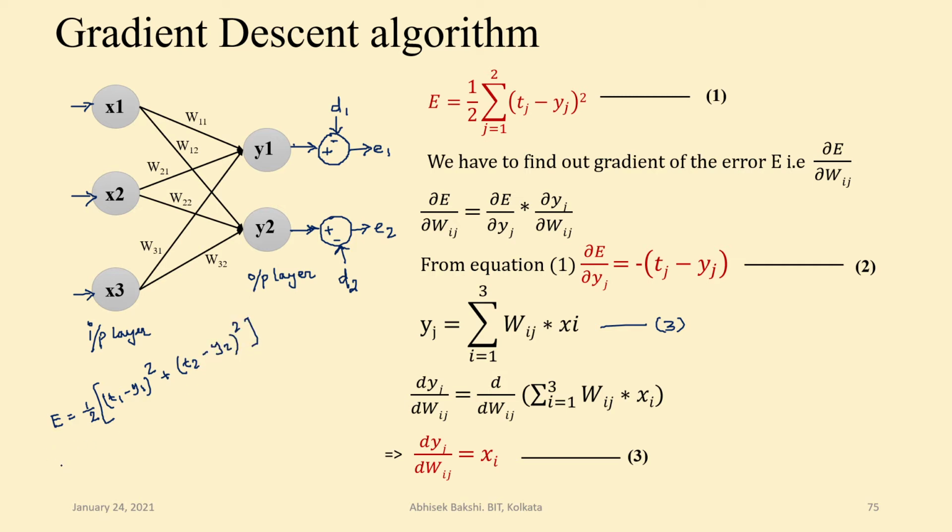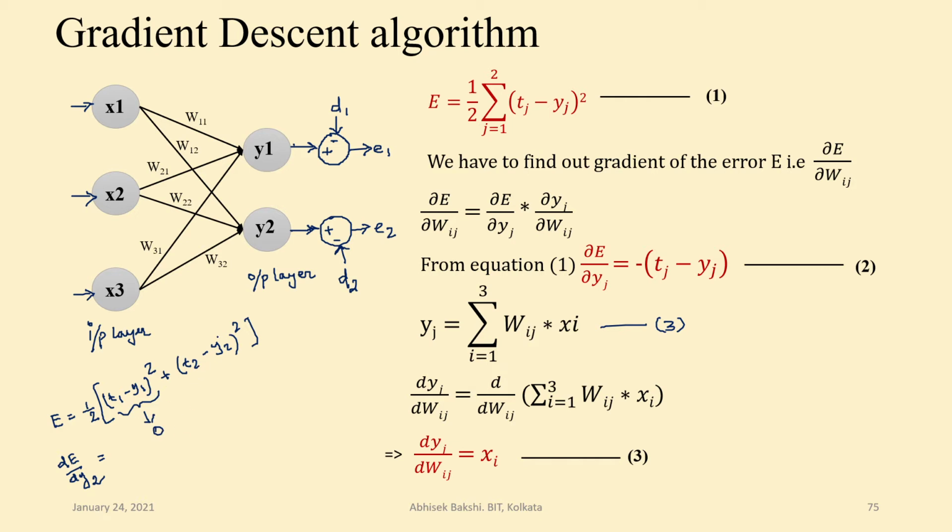So now if you find del E by del y2, where j is representing 2, what will happen? In this particular term there is nothing related to y2, so it will become 0.